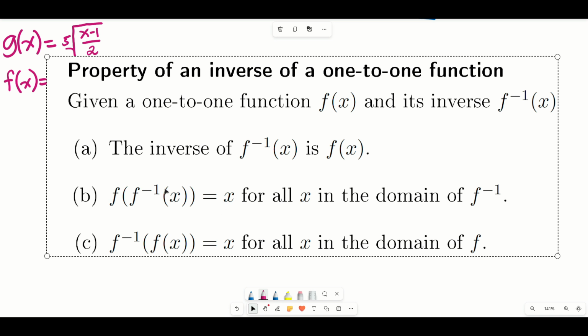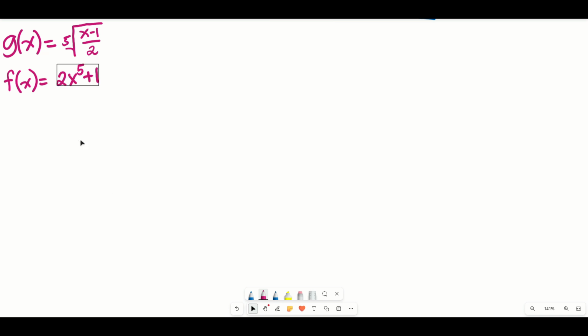So let's try to use these two properties to identify whether g of x is an inverse of f of x or vice versa. So first, let us try to get f of g of x.